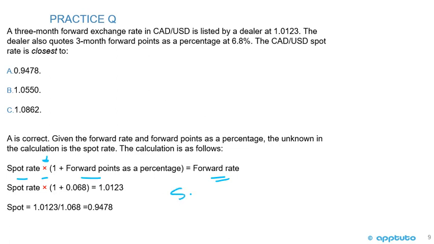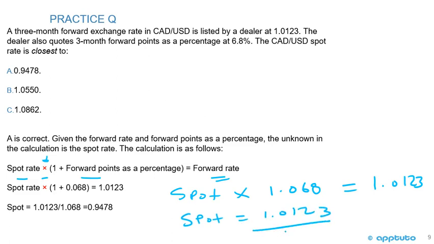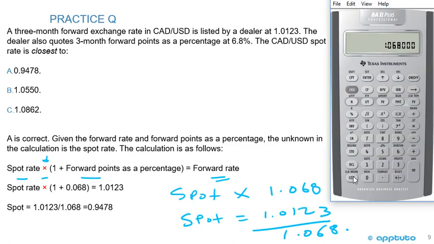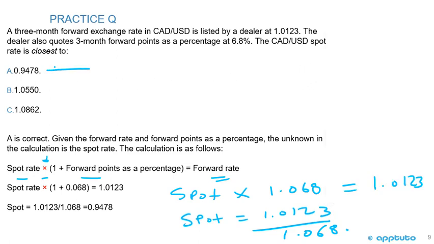So again, spot rate times 1.068 is going to give us the forward rate, 1.0123. Okay, so the spot rate is going to be 1.0123 divided by our 1.068. So just bring up the calculator very quickly, and that's going to be 1.0123 divided by 1.068, and we're getting 0.94784. So the correct answer is A.